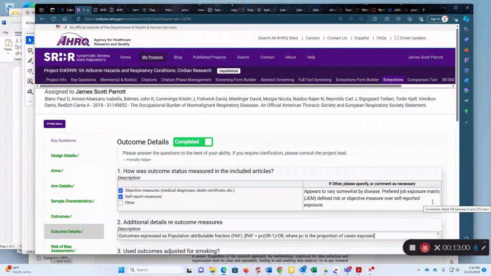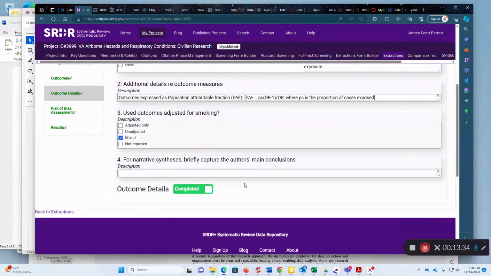Some diseases they were able to actually use objective measures, say death certificates that had ICD codes, say hospital records, etc. Other cases, the outcome was self-report, maybe a survey. Did a doctor ever tell you that you were diagnosed with idiopathic pulmonary fibrosis, something of that sort? Authors will do it different ways, and so what Blanc did was basically take all those and put them together.